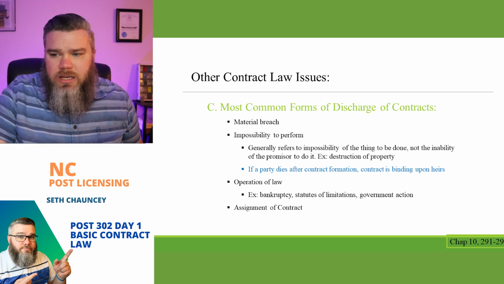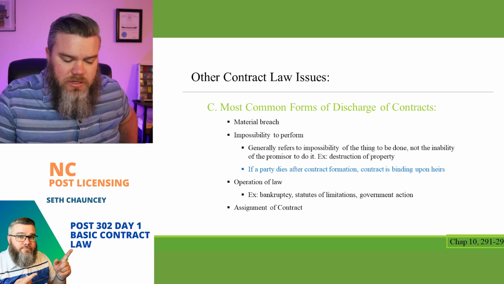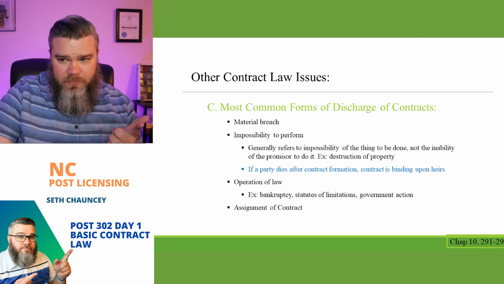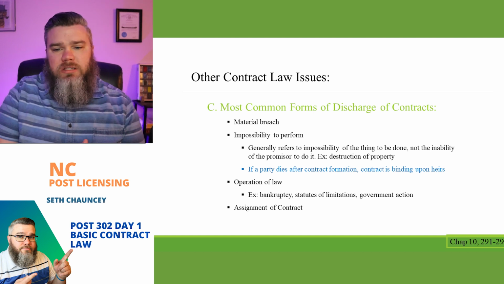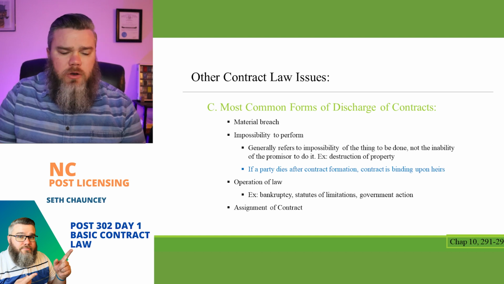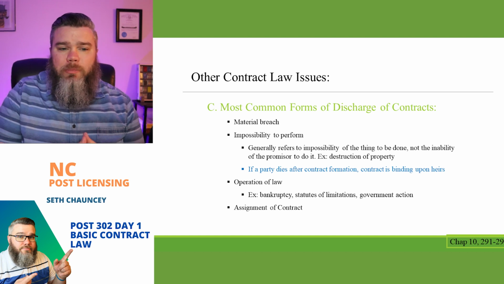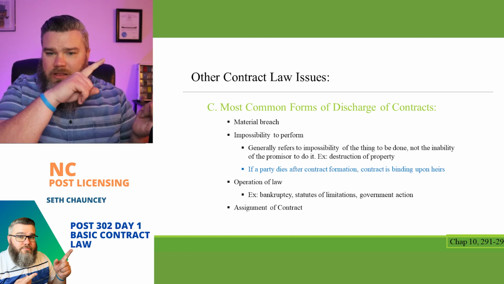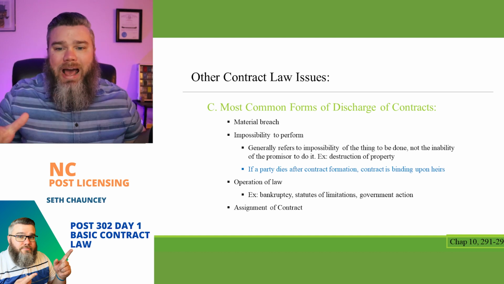So a couple other ways that contracts can end. Breach typically gives the non-breaching party the right to terminate, subject to remedies or penalties. Impossibility of performance could be a couple different ways. If we were under contract to buy a house and the house burns down, it would now be impossible to perform, meaning you cannot deliver me the house you promised me in the time frame you promised me, right?